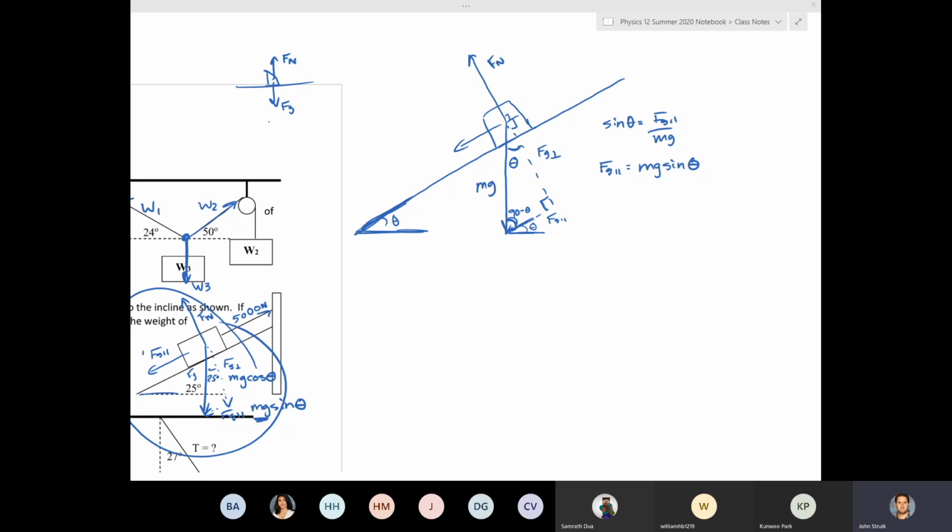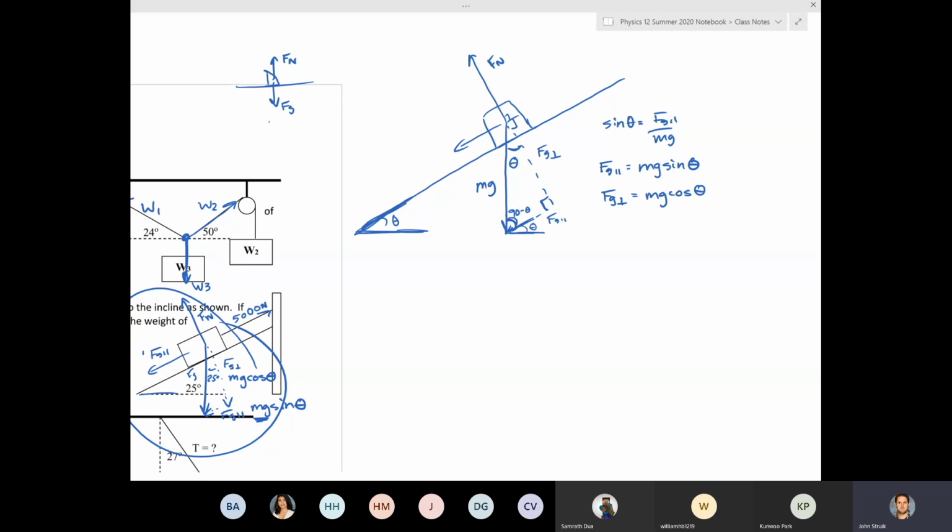And then if that's true, then FG perpendicular is mg cos theta. We'll get back to that when we get to circular motion.